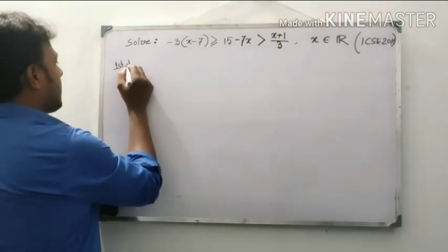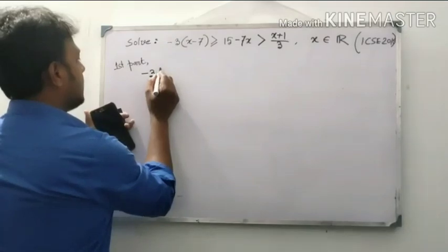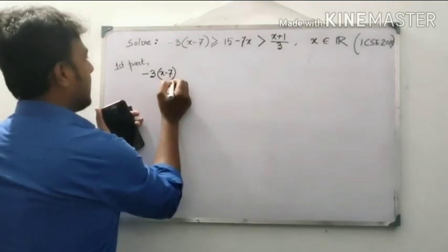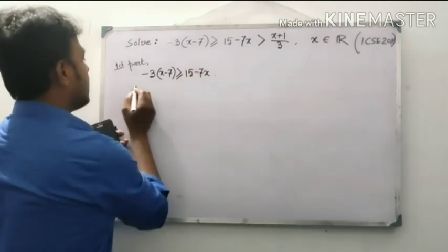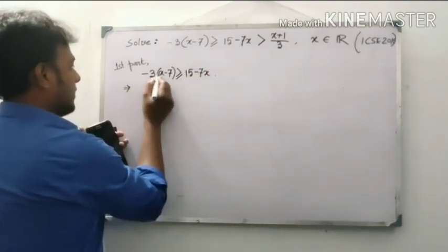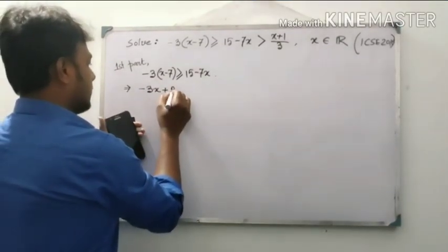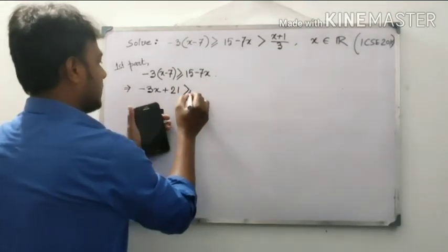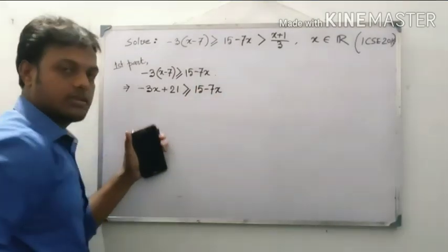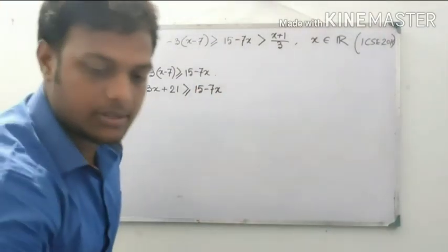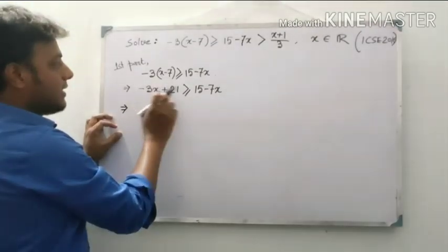The first part was minus 3 into x minus 7 greater than or equal to 15 minus 7x. So we have to solve for x. This implies minus 3x, just distribute it, plus 21 greater than or equal to 15 minus 7x. Next, we have to consider all x-related terms on one side.